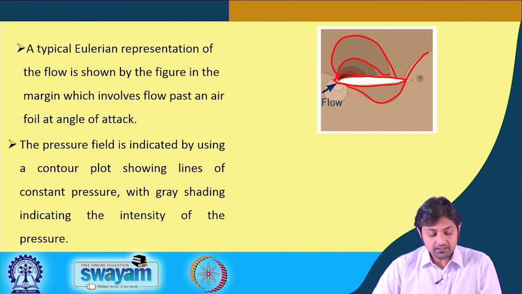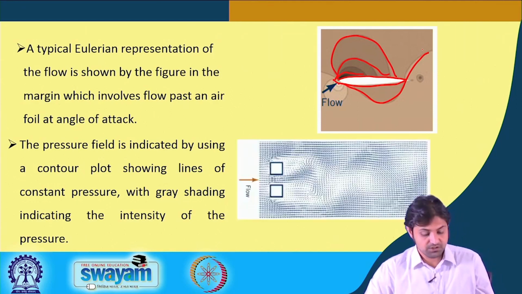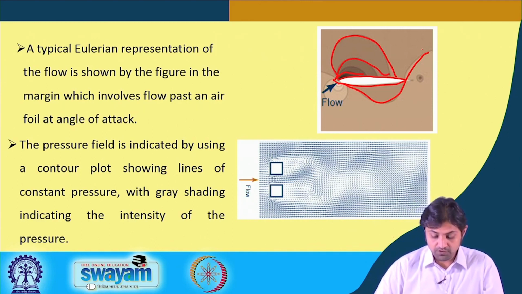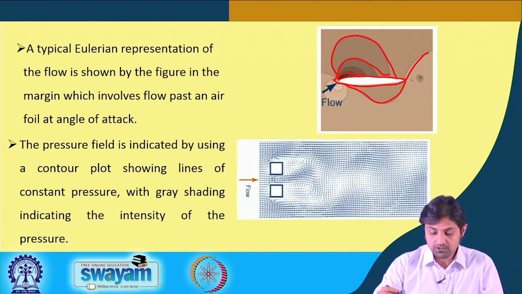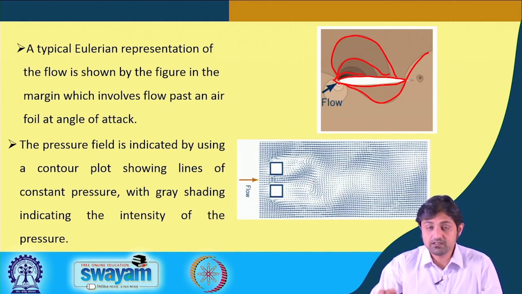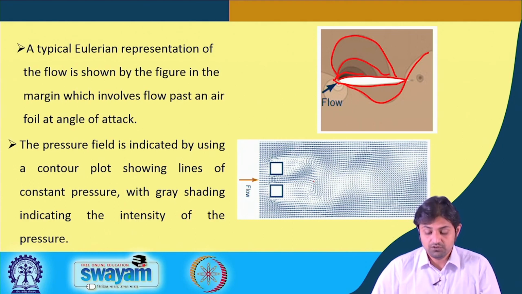The pressure field is indicated by a contour plot showing the lines of constant pressure with grey shading indicating the intensity of the pressure. Okay. So, this is the flow and this is the pressure contour. I just want to make it very clear that all these results have been obtained from previous experiments. This is just to show how we describe these Eulerian velocities, for example, or the pressure in this case here.